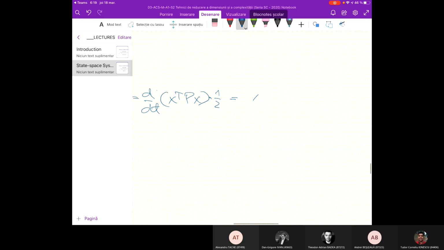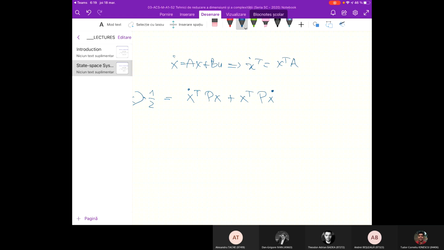So this is x dot transpose P x plus x transpose P x dot. Do you agree? What is x dot? x dot is Ax plus Bu, right? So x dot transpose is x transpose A transpose plus u transpose B transpose.